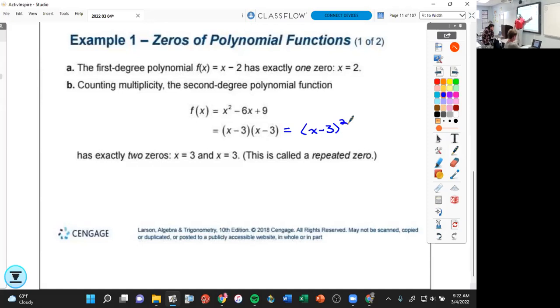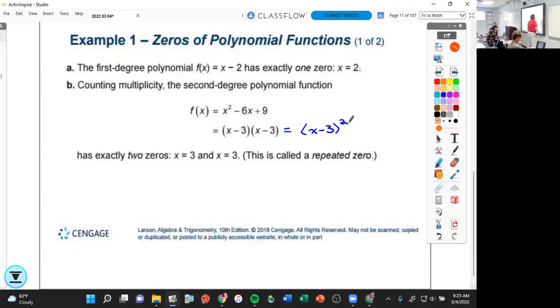That's what exponents mean, right? Exponents tell you how many times to repeat a factor. So this quadratic has 2 solutions. One of them is 3, and the other one is 3. So instead of saying the solutions are 3 and 3, we would say the solution is 3 with a multiplicity of 2. That making sense?